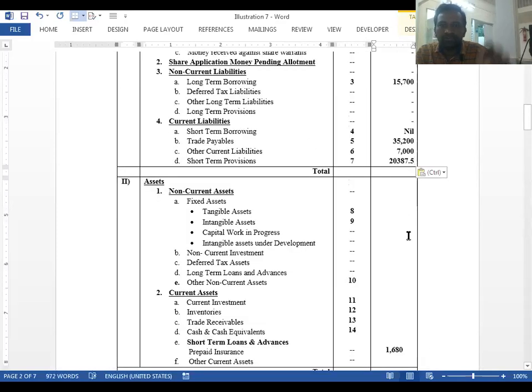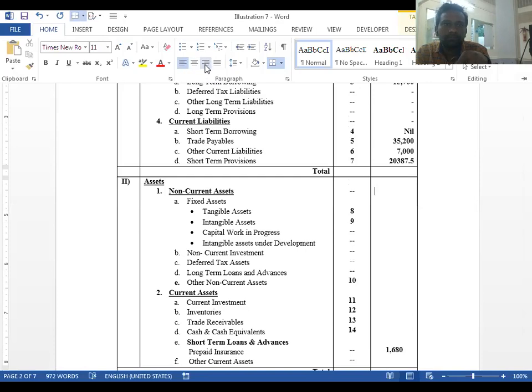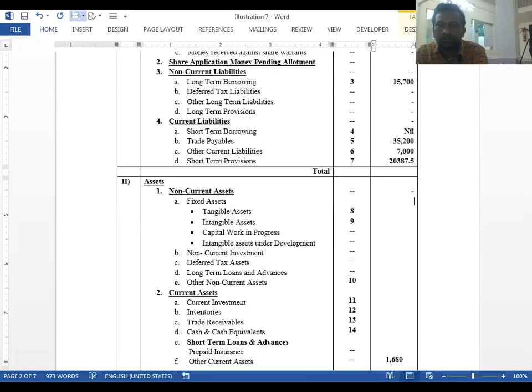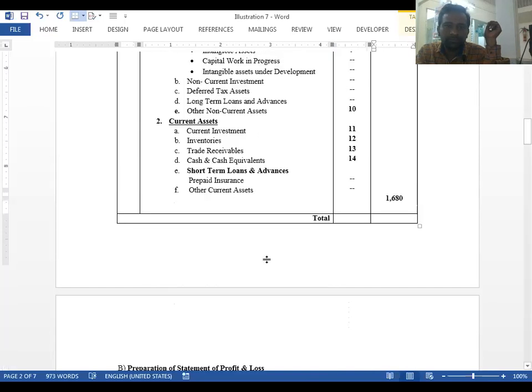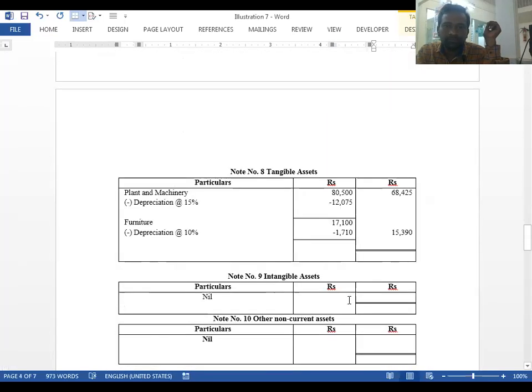Now it's time to record the asset side. Notes number eight, tangible asset. What is the total of tangible asset? 68,425 plus 15,390.